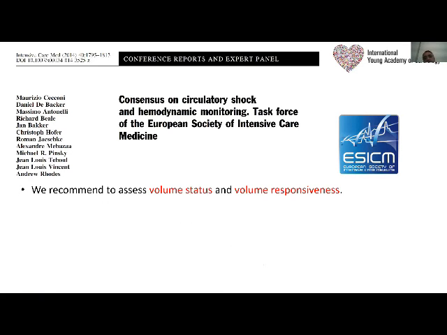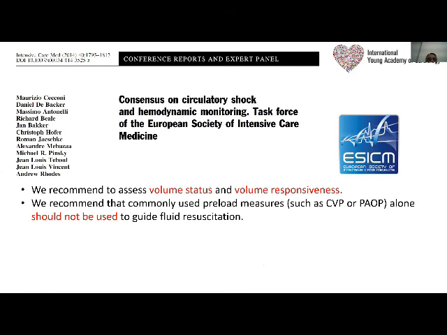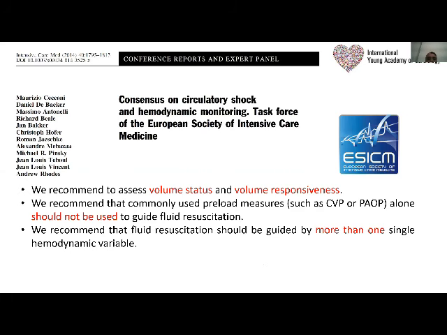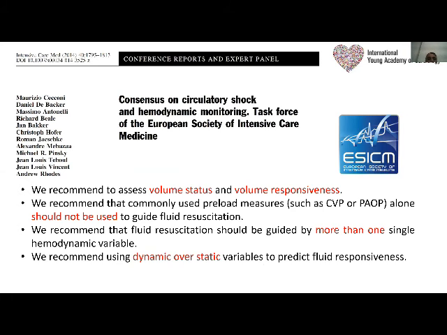It's very important to check the volume status and fluid responsiveness of the patients. They said also that static preload measurements like CVP or pulmonary artery wedge pressure should not be used to guide fluid resuscitation. Don't rely on a single hemodynamic variable, and they recommend dynamic over static parameters for fluid responsiveness. We will have a very nice topic tomorrow about the dynamic and static measurements of fluid responsiveness.